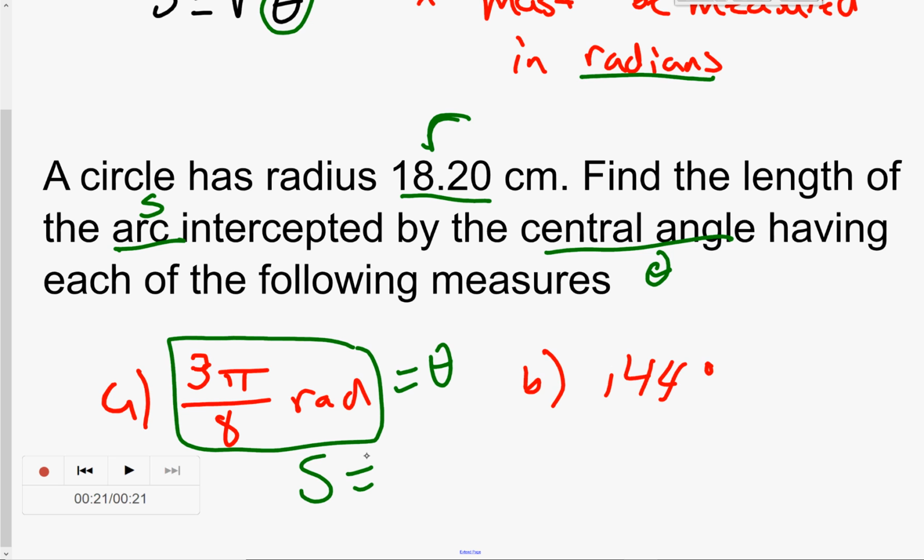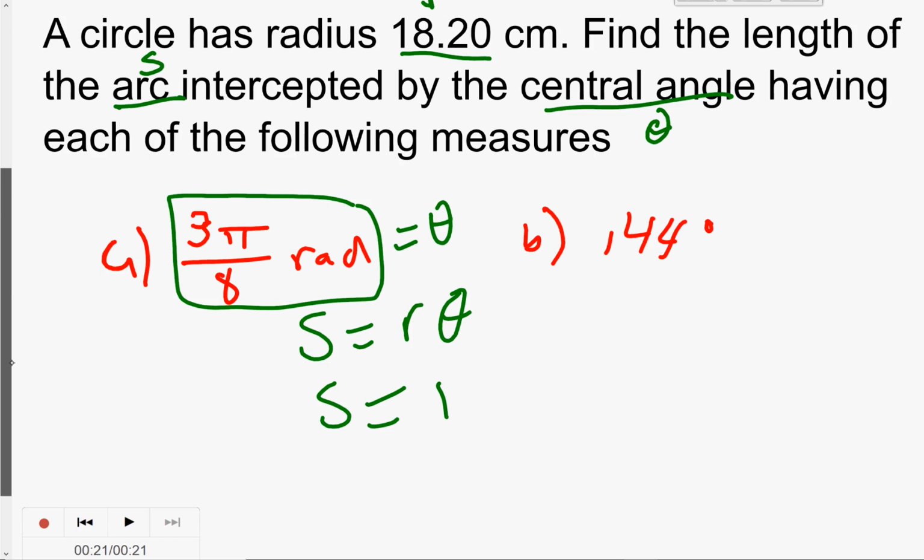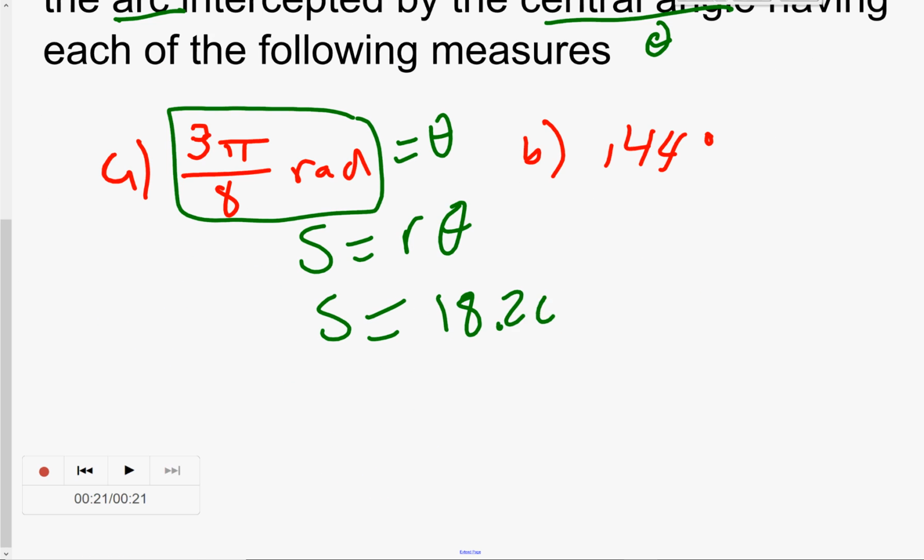So S is equal to r times theta. So that is S equals r, which is 18.20, times our angle, which is 3 pi over 8. So we're going to multiply that, and that's going to give us our arc length.